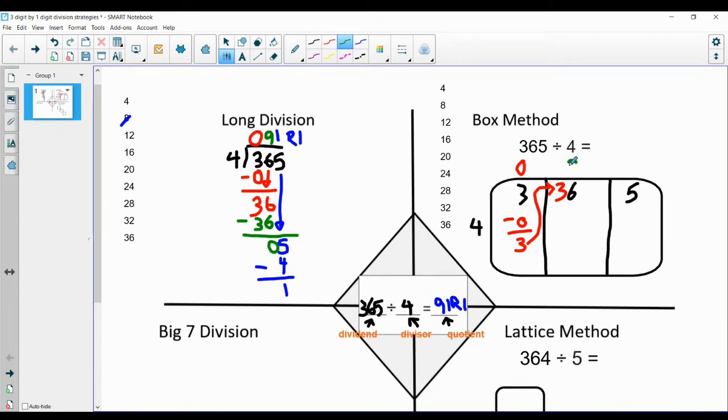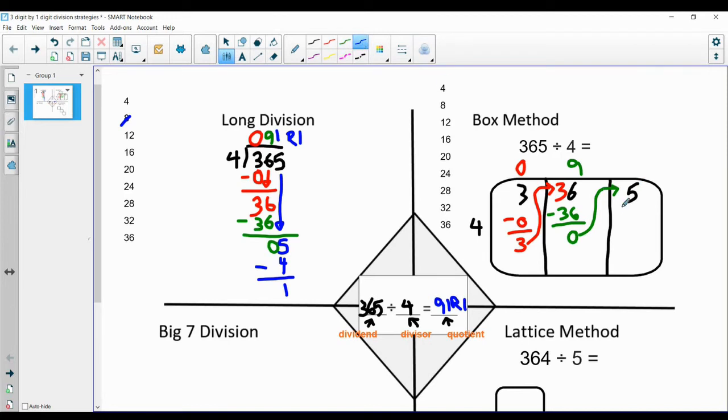I'm going to put 9 above my 36. 9 times 4 is equal to 36. When I subtract these, I'm going to get 0. If I move 0 tens over to my ones, I'm just still going to have 5.